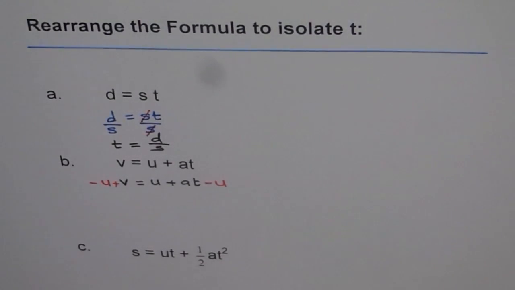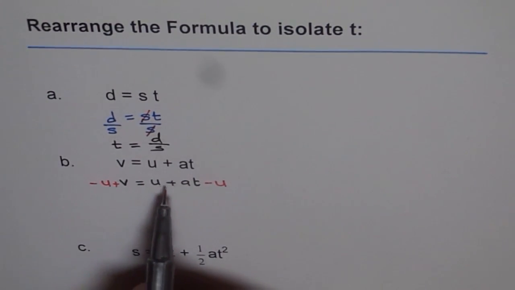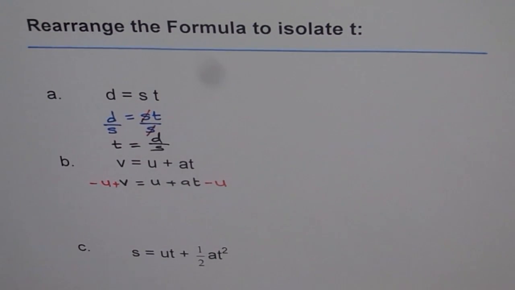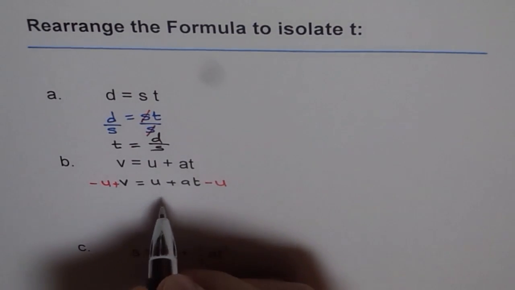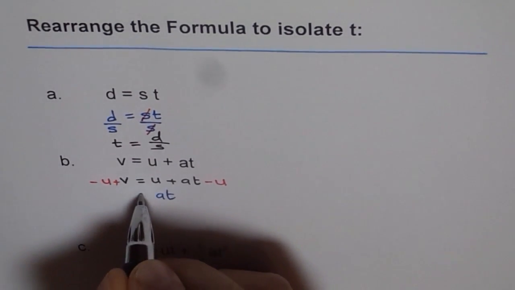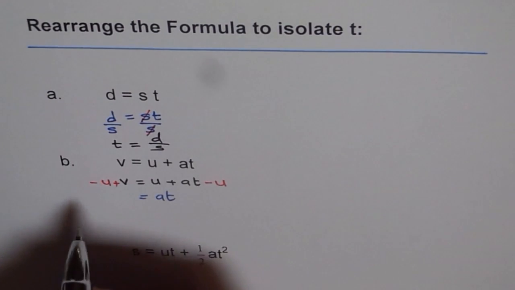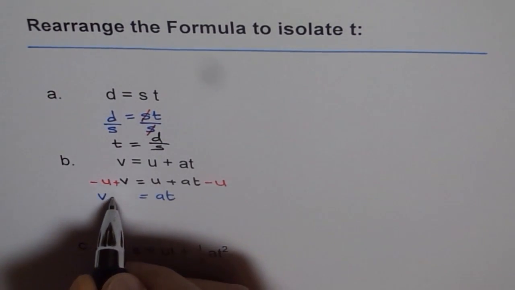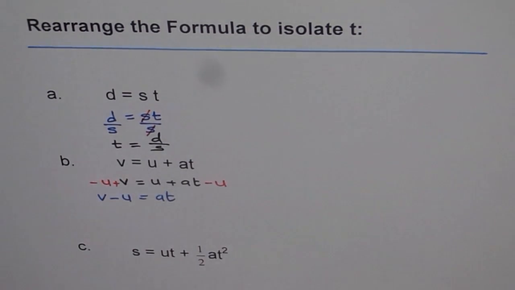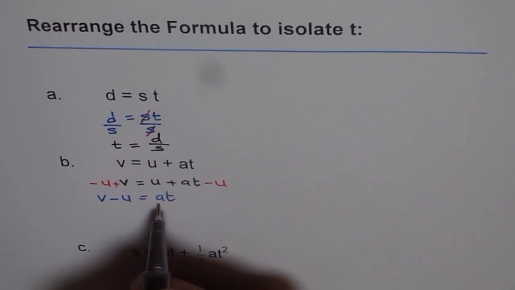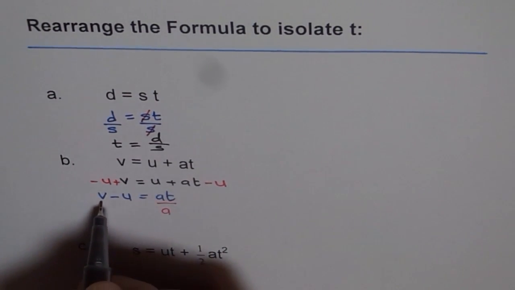Plus minus u, okay? So if I do so, then I get at on this side, u minus u is 0, right? So I get at equals, let me write v first, it is good practice, v minus u. Is it okay? Now, to get t, I should divide by a, correct? So next step, I will divide by a, both sides.